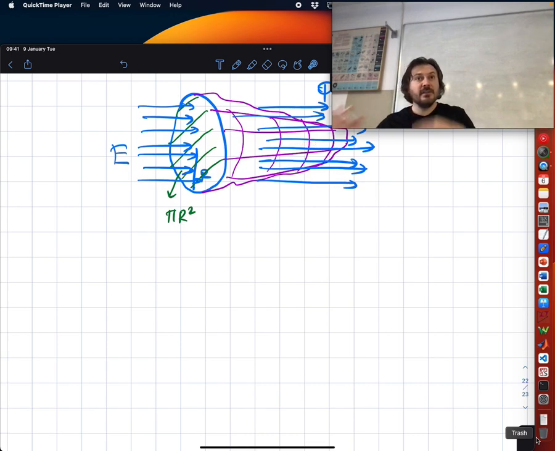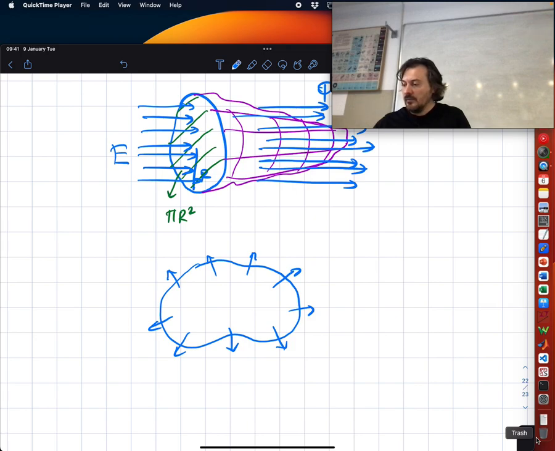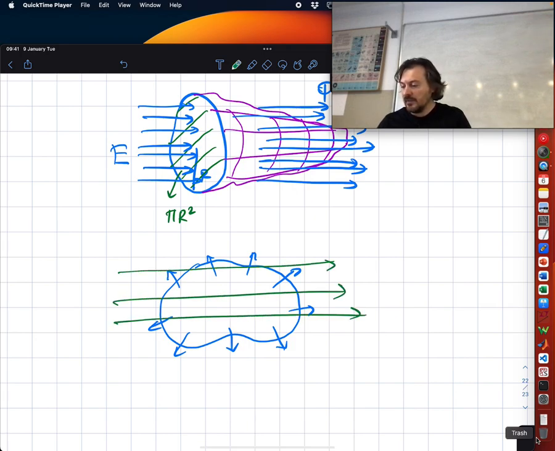But if it's a closed surface, let's say it's a closed surface like this, then usually we show the area vectors point outwards like a hedgehog, okay? And then the electric field lines, let's say this is uniform.